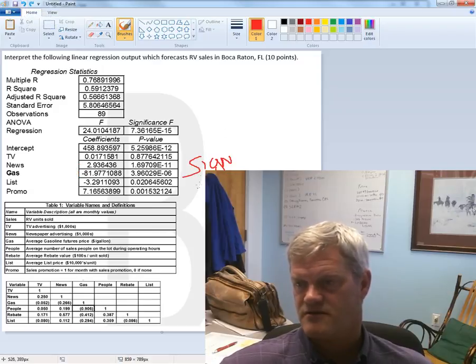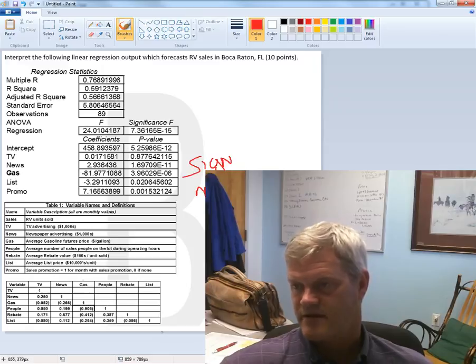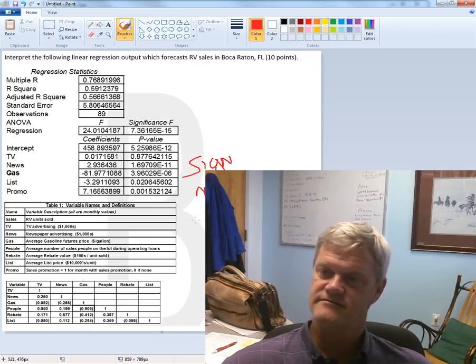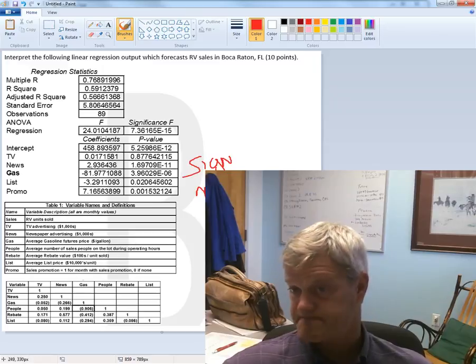The second measure of reasonableness is magnitude of the coefficients. Magnitude. So that means we need to look at the size of these coefficients.